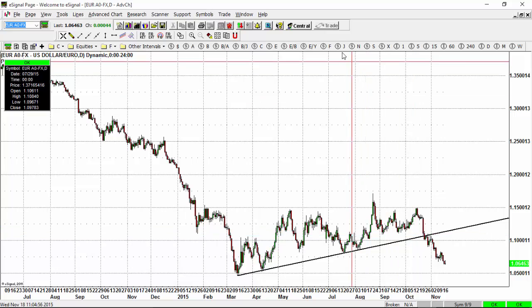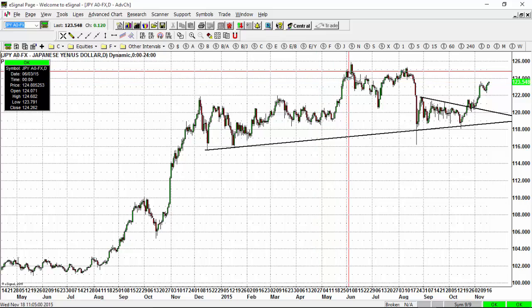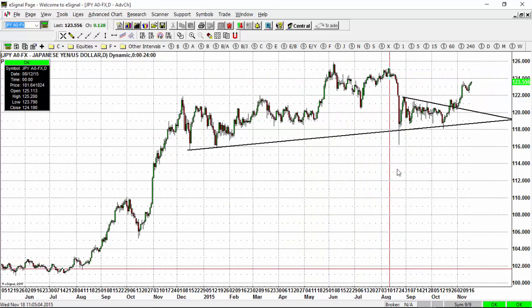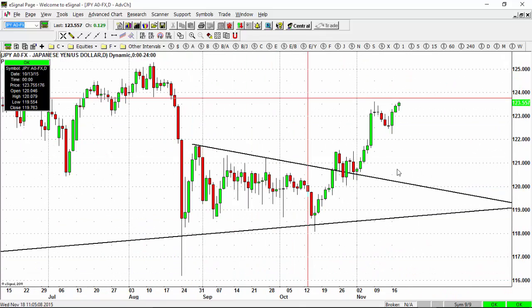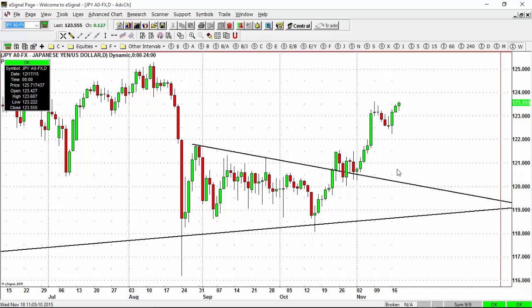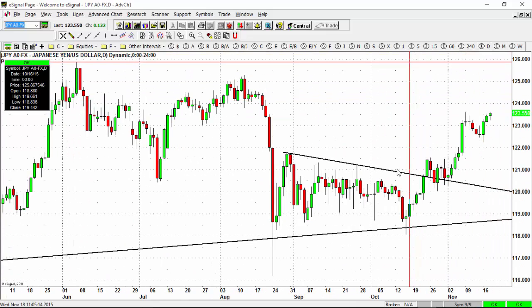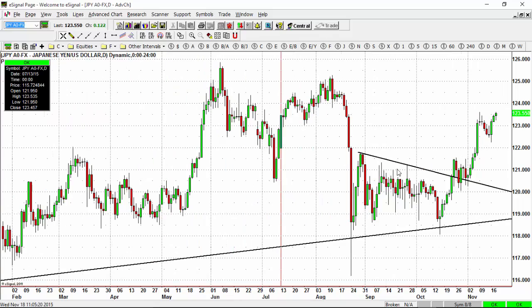Looking at the rally in the dollar, it continues, especially with the Japanese yen. Looking at the USD Japanese yen, we're currently trading at resistance at this 123.55 level. And if we close above 123.55, then the next area of resistance is this swing high here at 125.